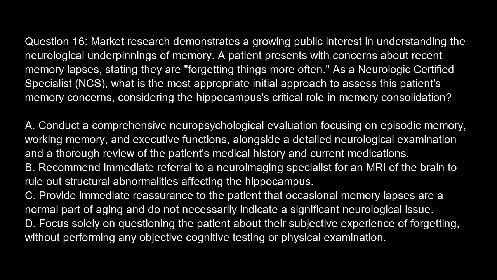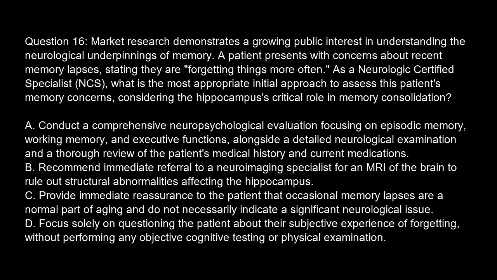Option A. Conduct a comprehensive neuropsychological evaluation focusing on episodic memory, working memory, and executive functions, alongside a detailed neurological examination and a thorough review of the patient's medical history and current medications. Option B. Recommend immediate referral to a neuroimaging specialist for an MRI of the brain to rule out structural abnormalities affecting the hippocampus.